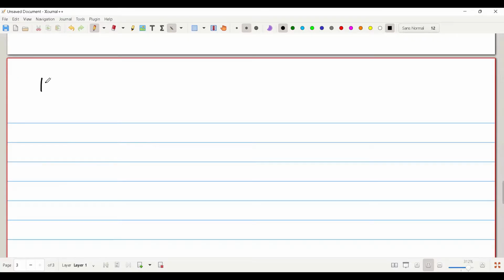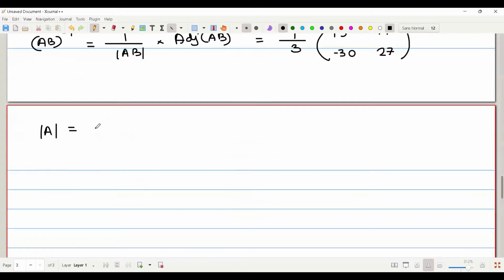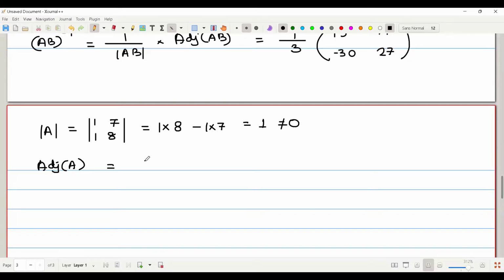So at first we are finding the determinant of A. Determinant of A. A means 1, 7, 1, 8. That means 1 cross 8 minus 1 cross 7 or 1, that is not equal to 0. So adjoint of A, we can write it directly as 8 minus 1 minus 7, 1 its transpose.